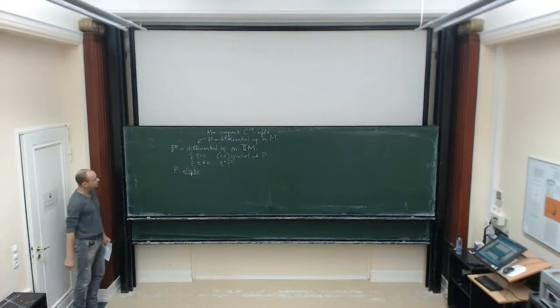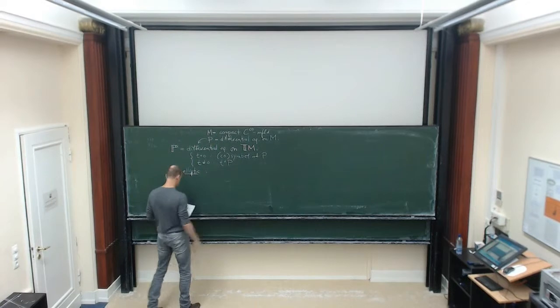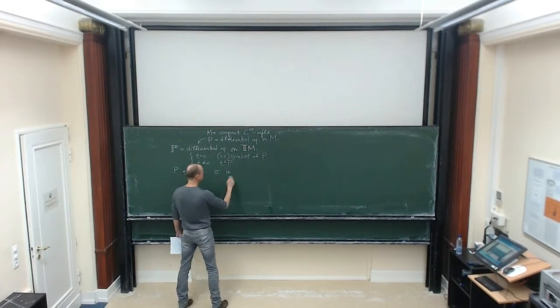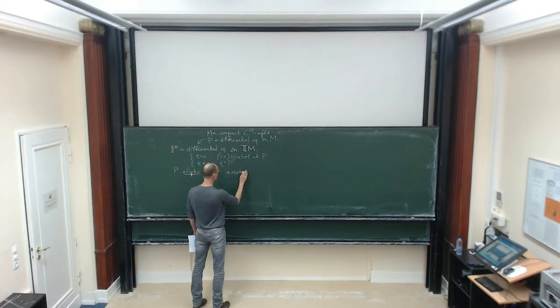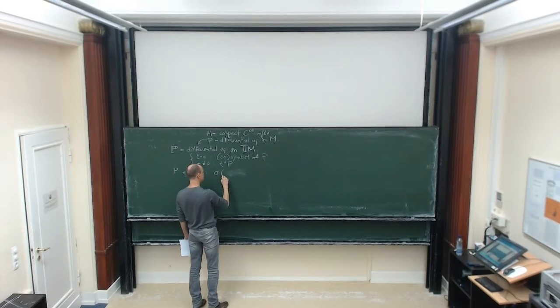So if P is elliptic, if you don't know what that is, it's a little too bad, but it's roughly this. It means that its symbol is invertible. So symbol, remember, was the dual of this thing, so that's a function on the cotangent space.